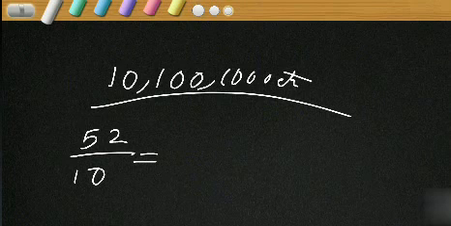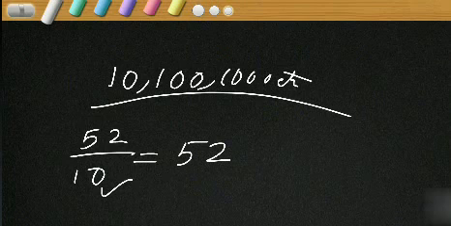Yes, in such a case, how to do? First, we have to check how many zeros are there in the denominator. Here, how many zeros are there? Yes, only one zero is there in the denominator. So first write the number 52, and how many decimal places would be there? The number of decimal places and the number of zeros in the denominator should be equal.